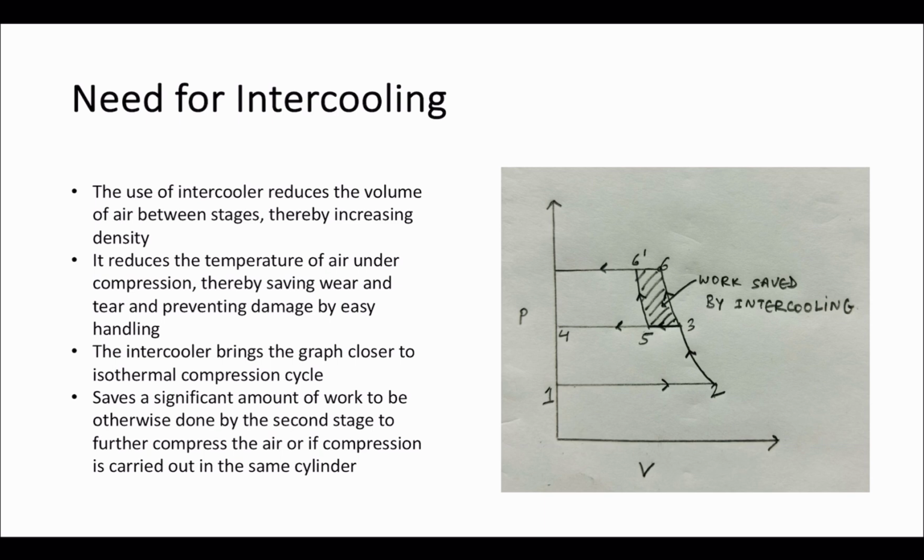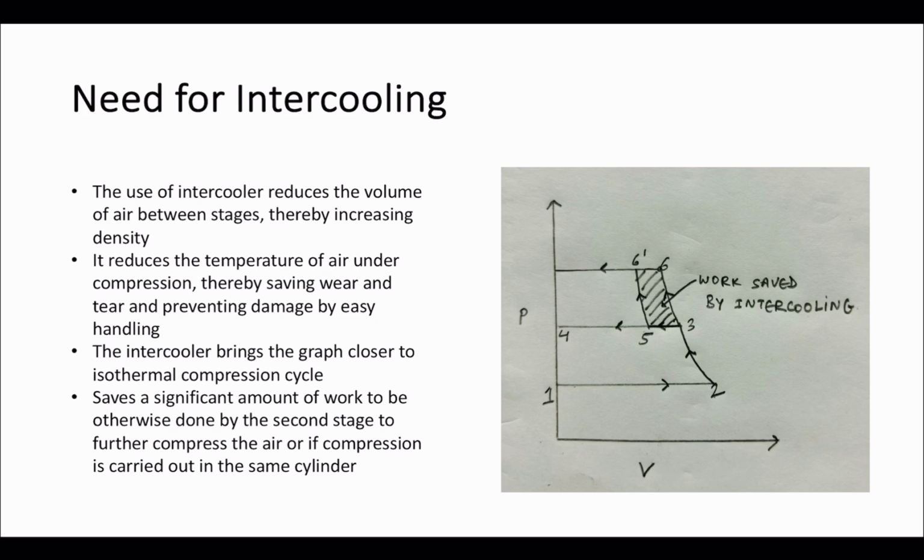So by removing this unnecessary heat gained during the compression process, we are making it easier to handle, store and work with this air, and also preventing the damage and wear and tear that can occur in the compression system, as well as the storage system, that is the air bottles or anywhere. The final one is done by the aftercooler.